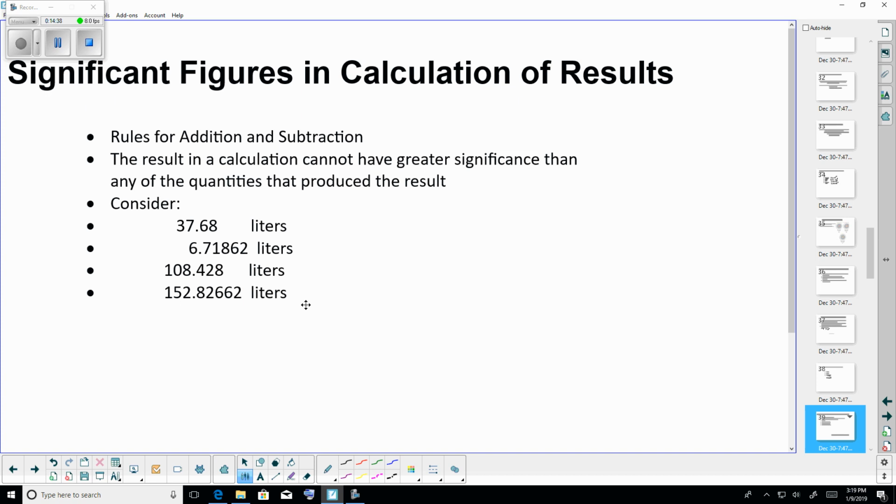For addition and subtraction, the result in the calculation cannot have greater significance than any of the quantities that produced the result. So here we have these 4 numbers.